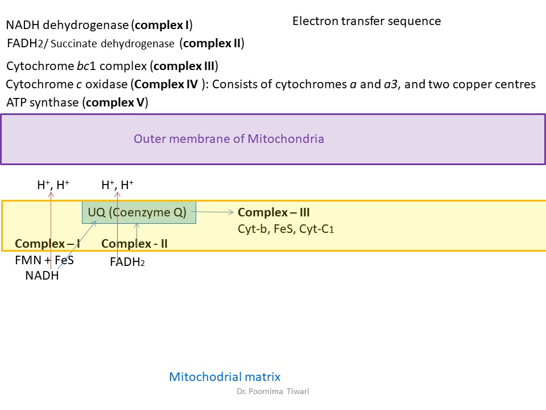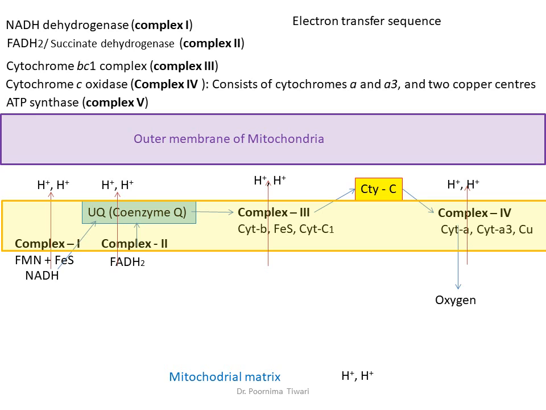Ubiquinone gives to complex 3, which gives H ions again going out, and which gives to cytochrome C. Cytochrome C finally gives electrons to complex 4, which gives the electrons to oxygen. H ions also go out again. Oxygen takes electrons as well as protons from the matrix, forms water, and water moves out.